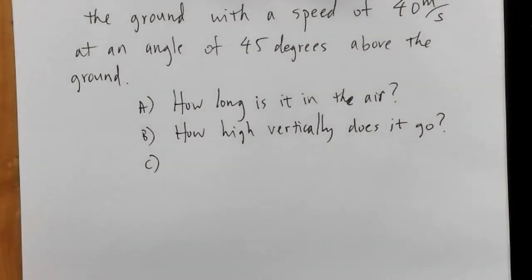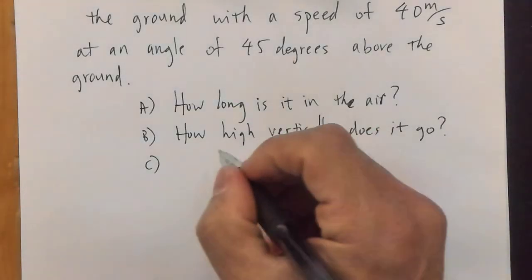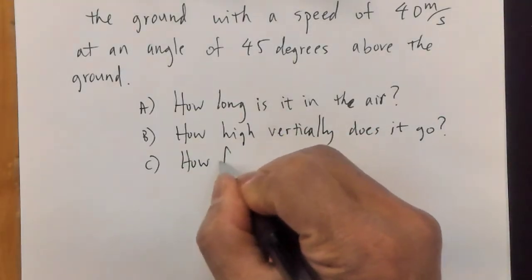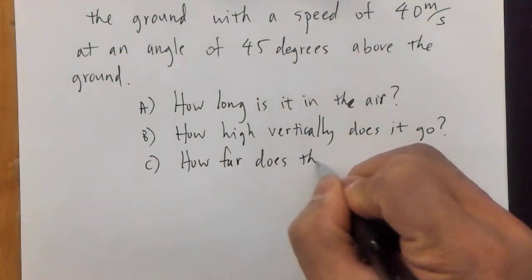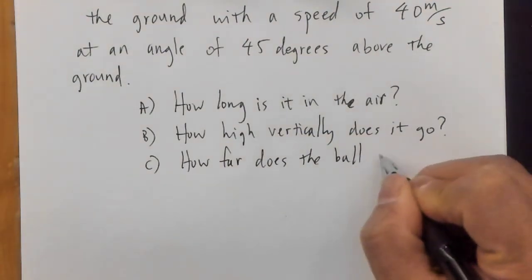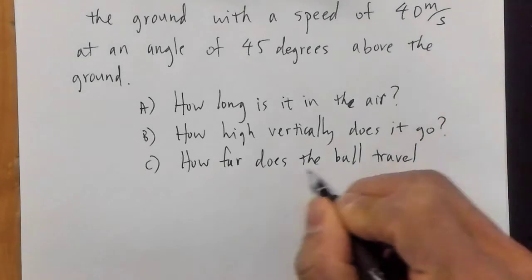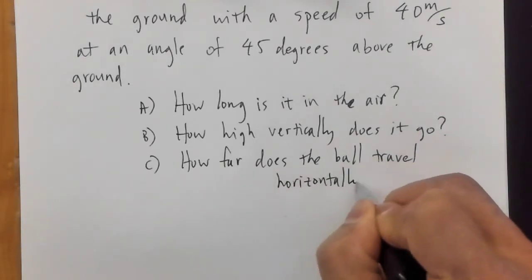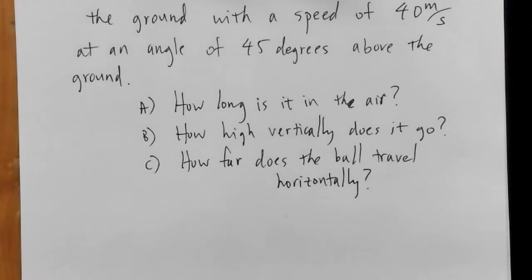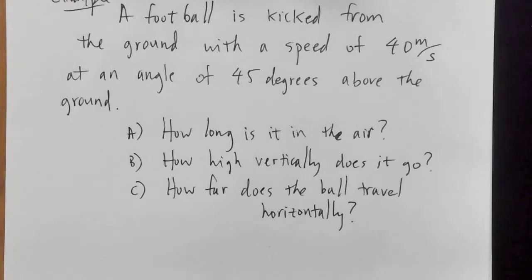And the other question is, how far does the ball travel horizontally? We'll let you do a little bit of work on it, and then we'll go through the solutions of each.